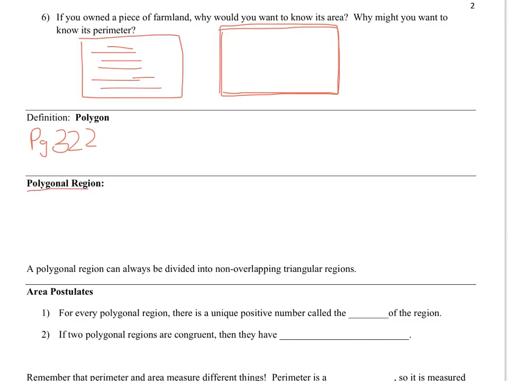And then right after that, it talks about a polygonal region. It consists of a polygon and its interior. That's just a polygonal region. And then it goes on to the next page to say a polygonal region can always be divided into non-overlapping triangular regions.